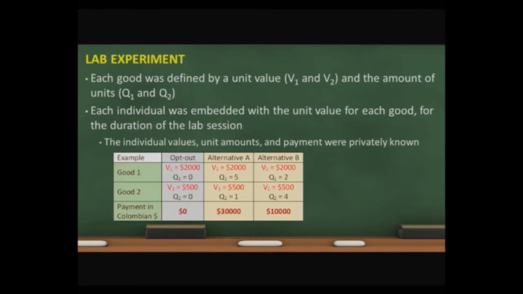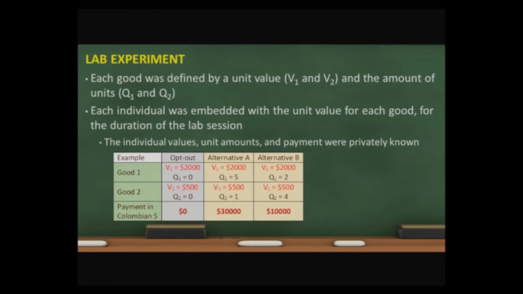Each one has a value. For good 1, 2,000 pesos, for the whole day. This is the maximum you are willing to pay for 1 unit of good 1. Same for good 2, 500 pesos. That's your willingness to pay for 1 unit of good 2, all the time, for the whole day.